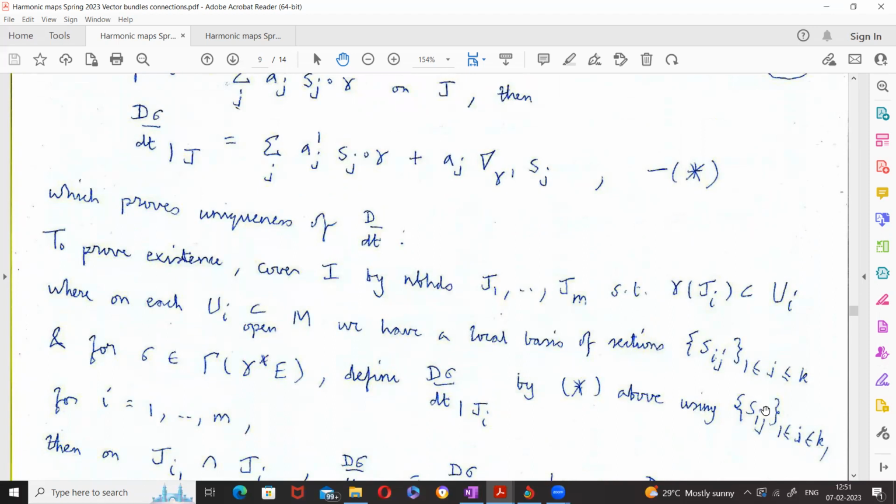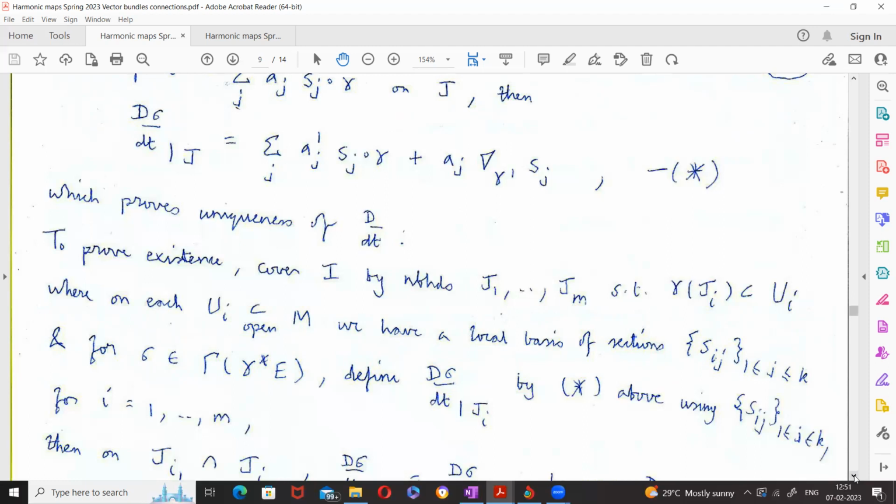Okay. So for each i from 1 to n, we have on Ui a local basis Sij, j goes from 1 to k. K is the rank of the vector bundle. Okay. So using this formula, we can define d sigma dt on the interval Ji, right?